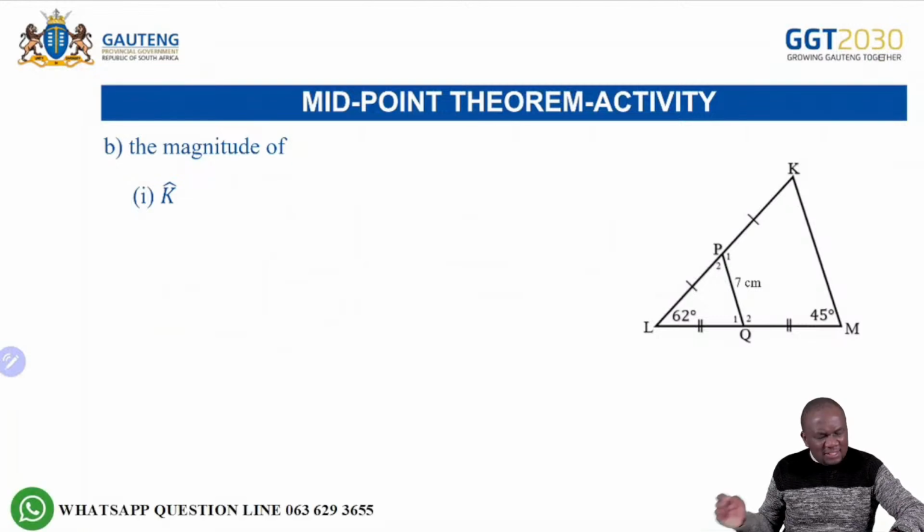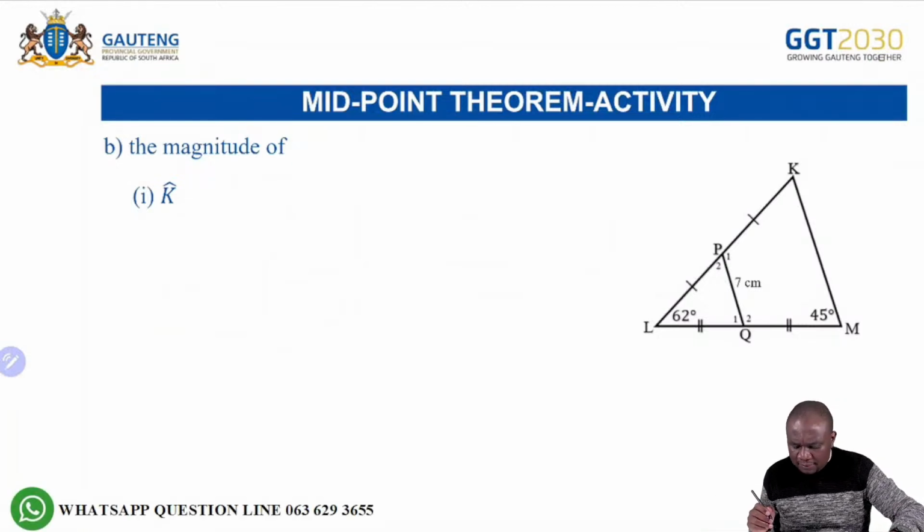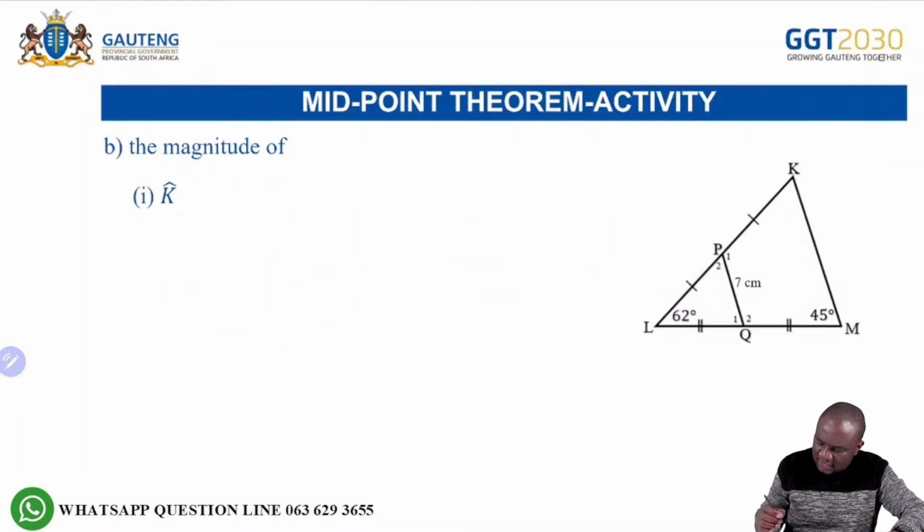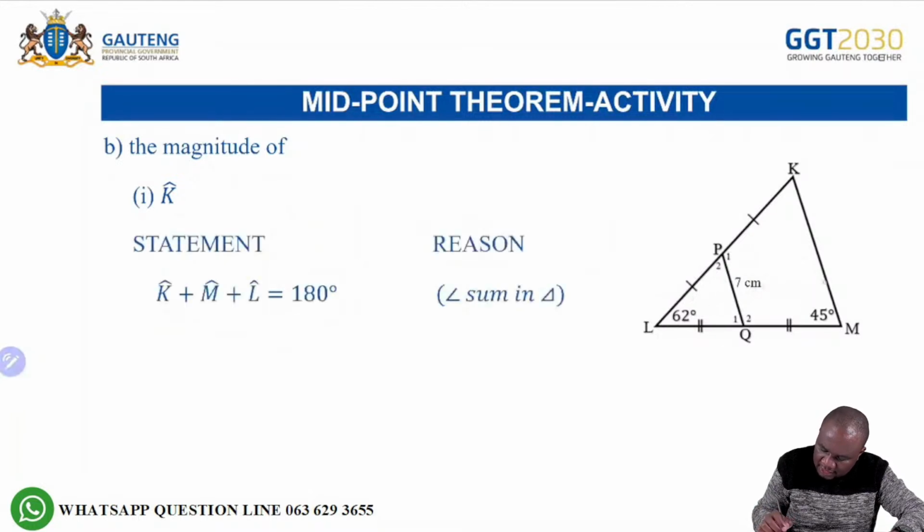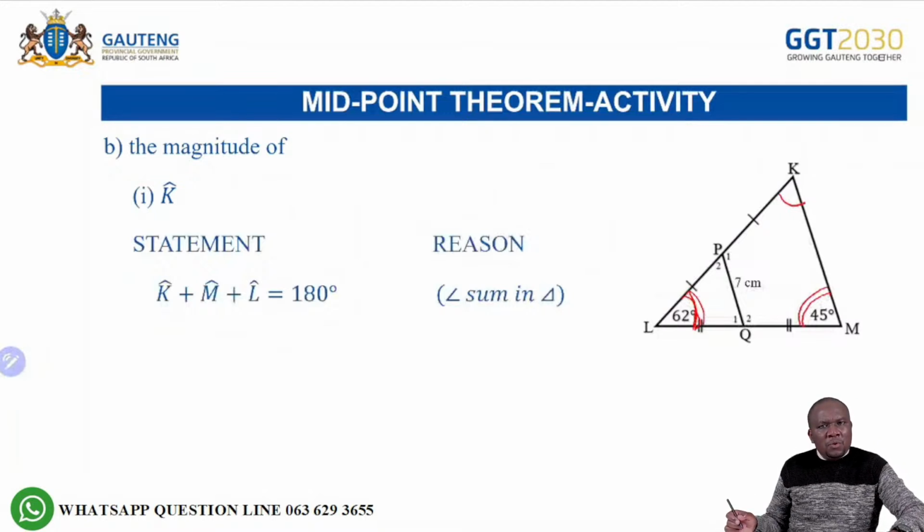Then angle K, this is almost similar to what we did in the baseline. So we have these three angles of a triangle. Angle K plus angle M plus angle L. You see that? They add up to 180 degrees. These are angles in a triangle.